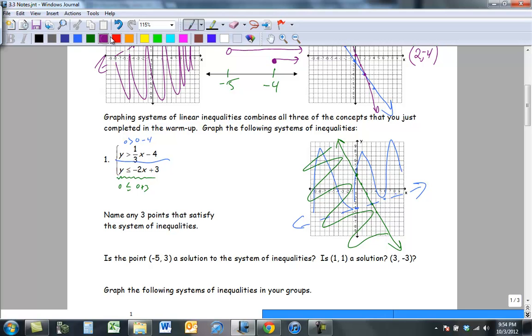Now, the way it's drawn is kind of tough to see, but the blue line was shaded above it. The green line was shaded below it. What is the area that we both have? Remember, system of equations means must satisfy both. Where's the area that satisfies both?